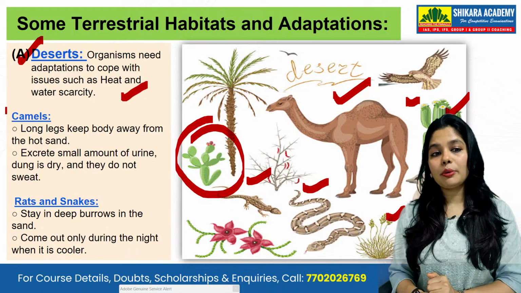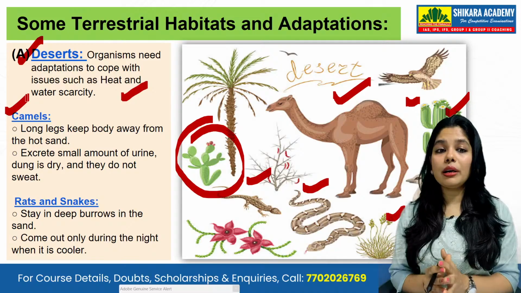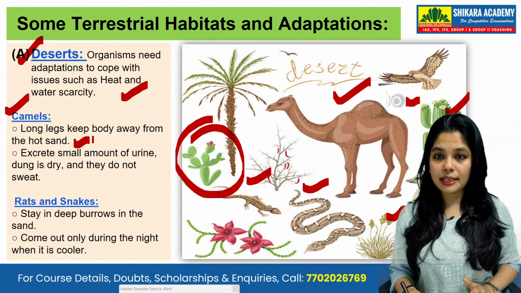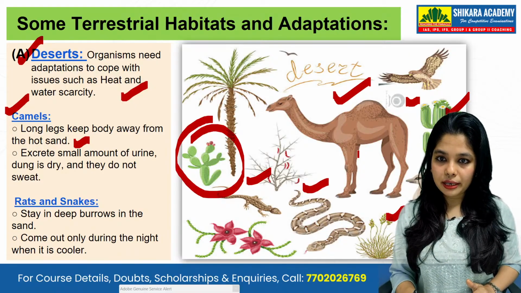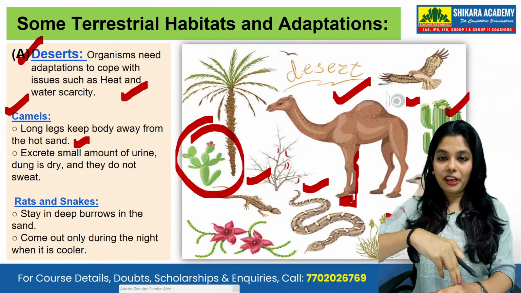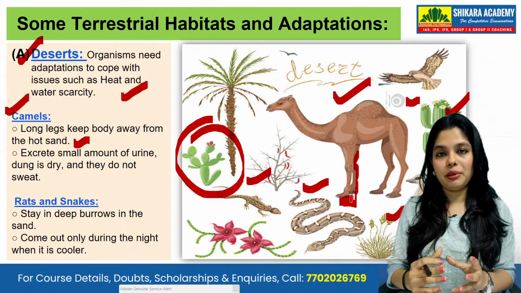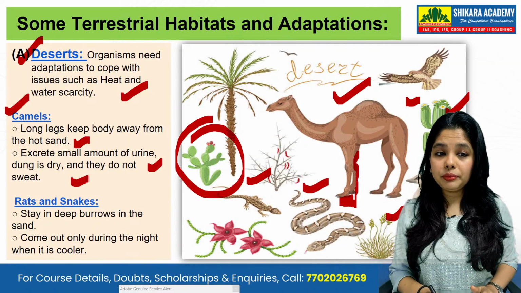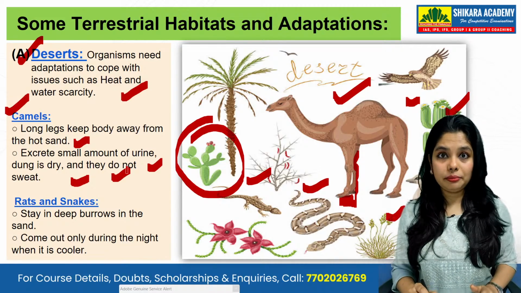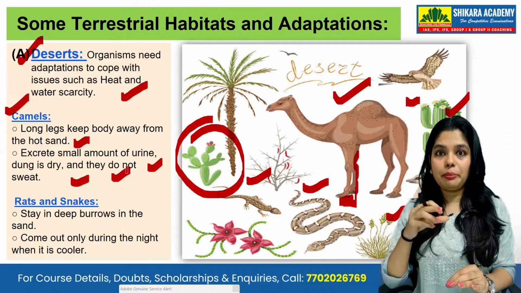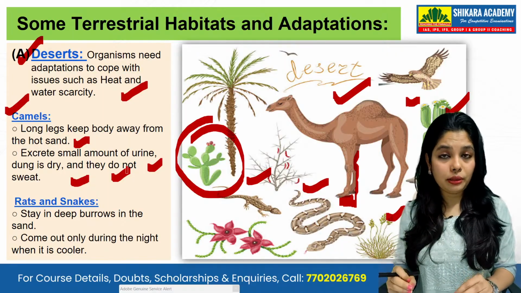See, if we talk about camels, their long legs keep the body away from the hot sand. Camels have long legs, right? And these long legs keep their body away from the hot sand, and when they are away from the hot sand, they are able to keep themselves cool. They excrete a small amount of urine and the dung is dry, and they do not sweat. Camels do not sweat, so again they are preserving the water inside their body.